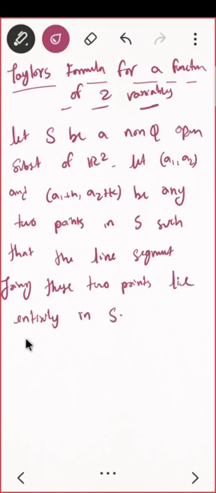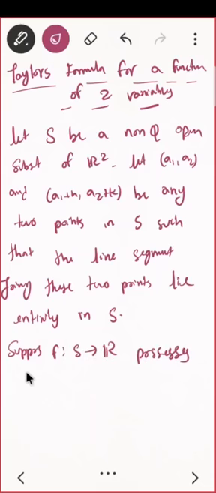Okay. Suppose f from S to R possesses continuous partial derivatives of order n plus 1.